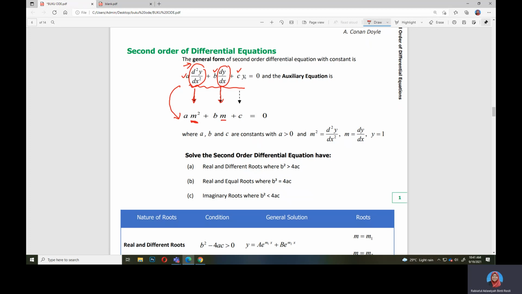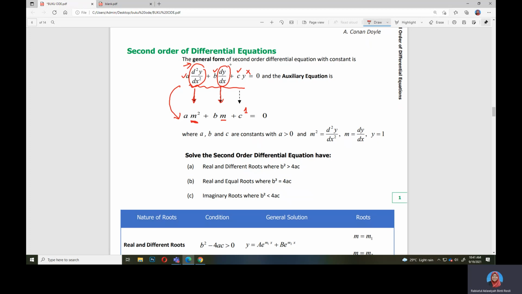Because y is not a derivative, you convert it into 1 only, but you just write the constant. For example, this one, just put c equals 0. I repeat, where a, b, and c are constants with a greater than 0, m squared equals the second order derivative, m equals the first order derivative, and y equals 1.